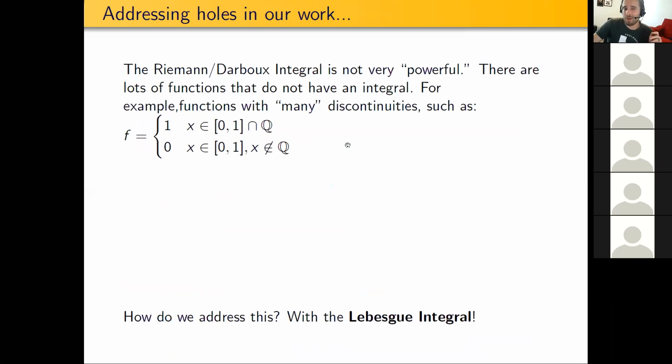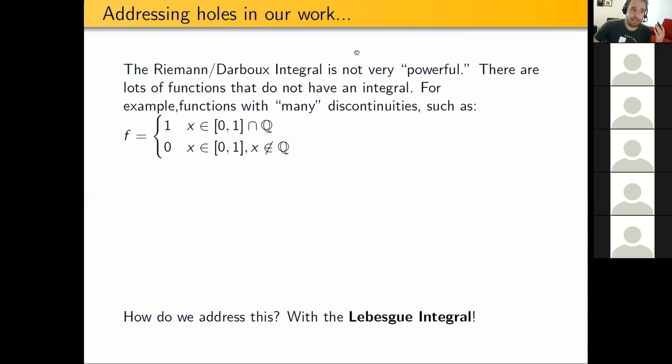Okay, that was bullet point number 1, getting into the weirdness of the real numbers. Bullet point 2 is addressing some of the holes, quote unquote, that we haven't gotten a chance to talk about, or some holes in our real analysis work so far. So I want to talk a little bit about the integral, which we introduced last class, right? So the Riemann/Darboux integral, I guess specifically the Darboux integral, is fantastic, and it's a great point to get to in real analysis, but in a certain sense, it's not very powerful.